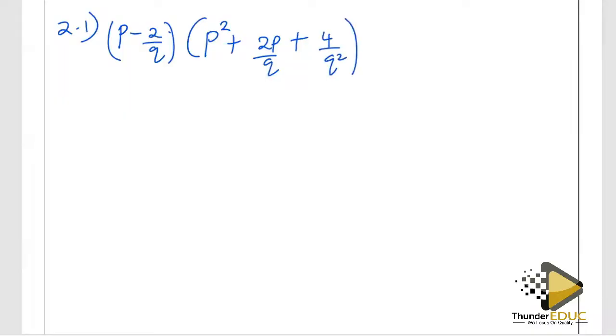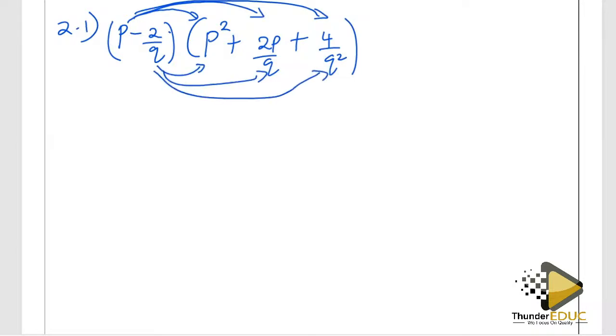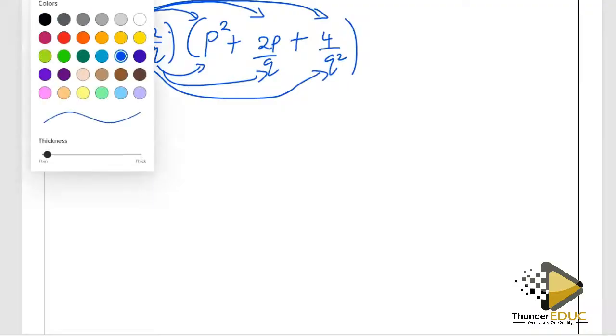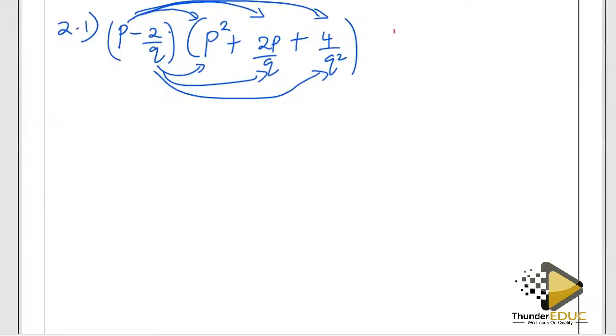So we have 2 ways of doing this. The first one is whereby you just multiply this, and then this one must also multiply with that using the distributive property, because whatever is outside of the bracket must affect everything within the other bracket.